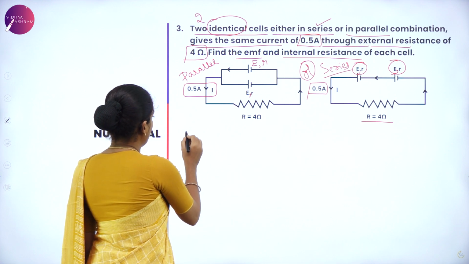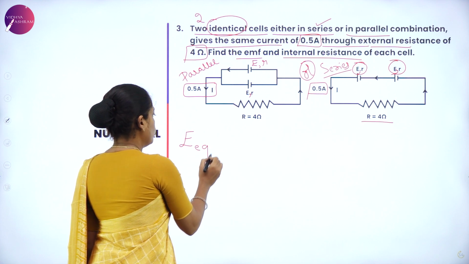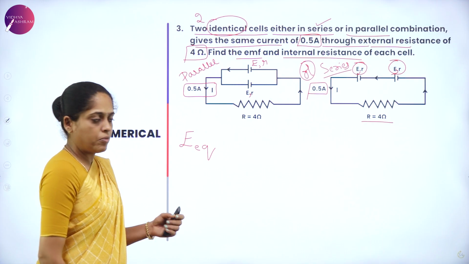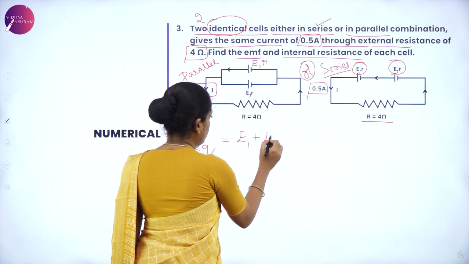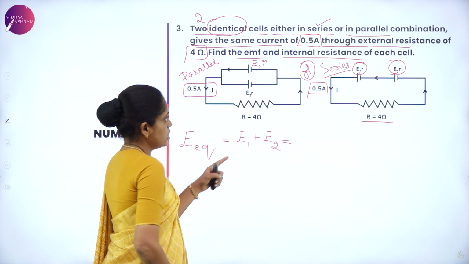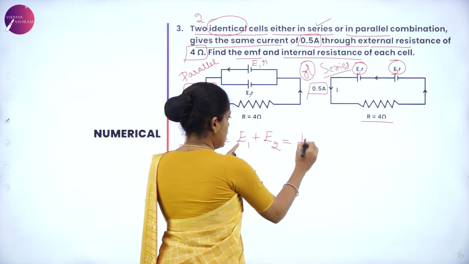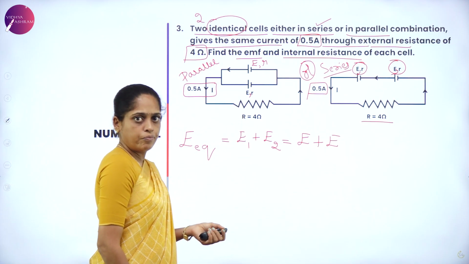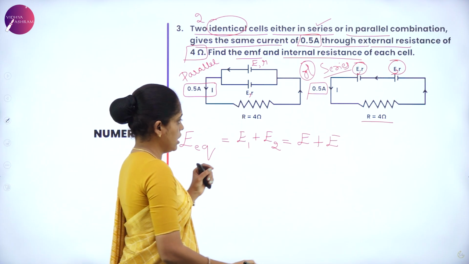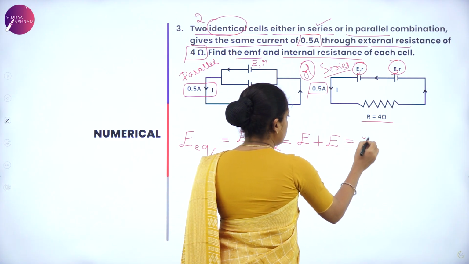In the series combination, you know that the equivalent EMF is given by the formula E1 plus E2. E1 is E, and E2 is also E, because they are identical. E plus E is 2E.